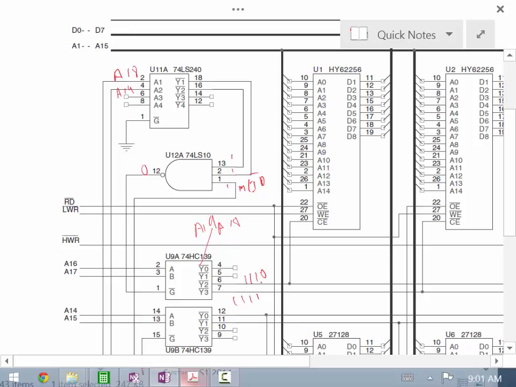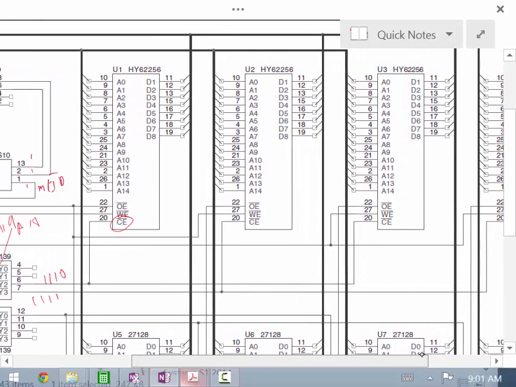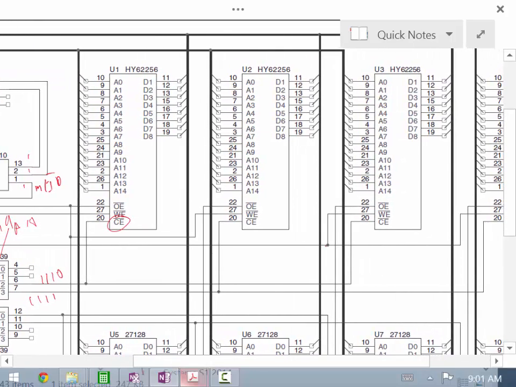As we look at that, it goes to the chip select of this top one. And as we follow this across, it goes to the chip select here, and we follow this across here, and it goes to this one right here, right?